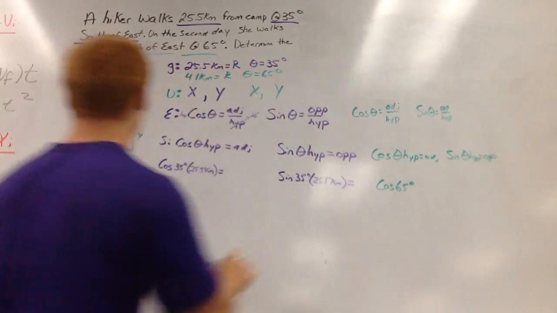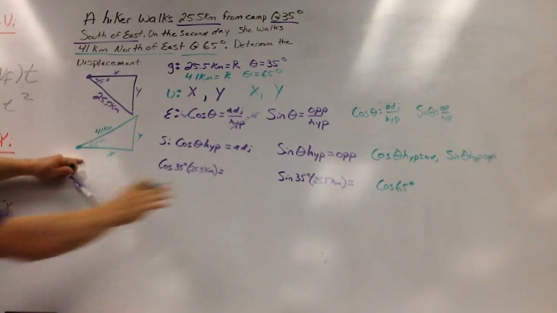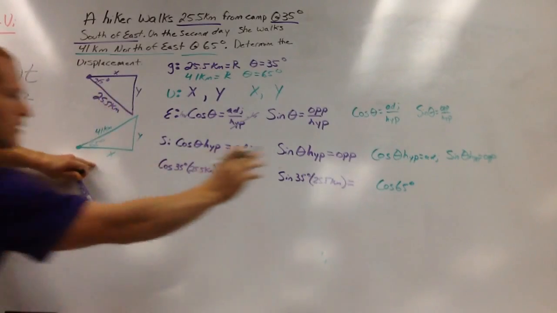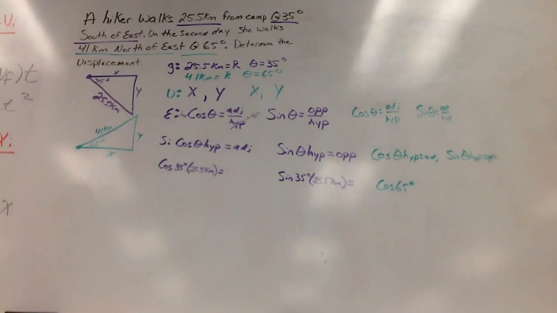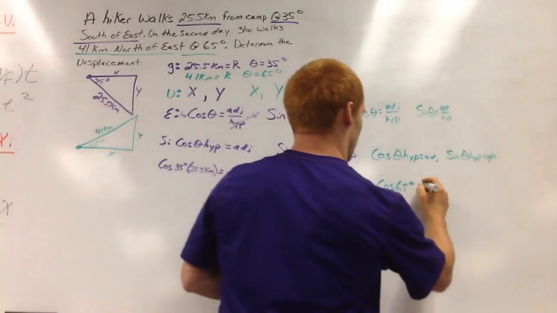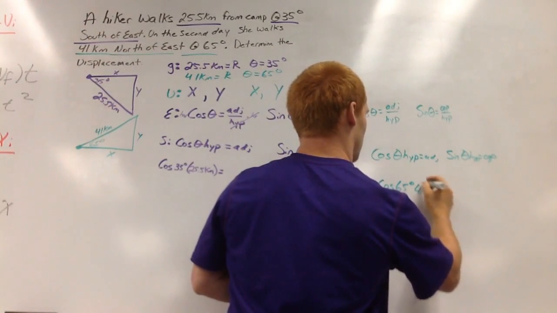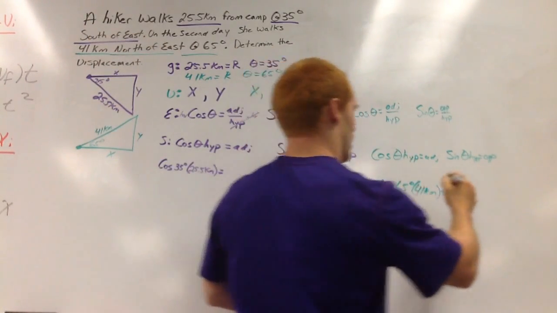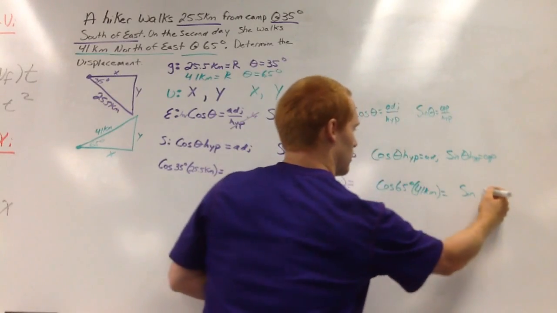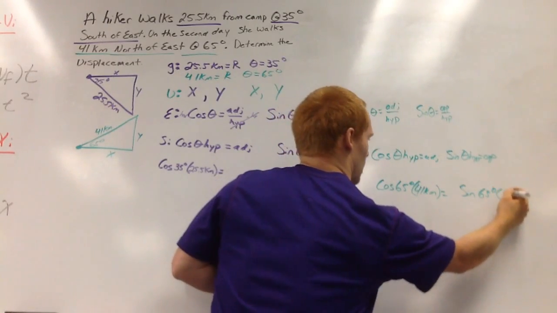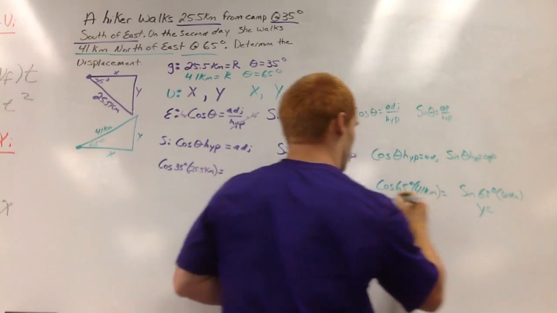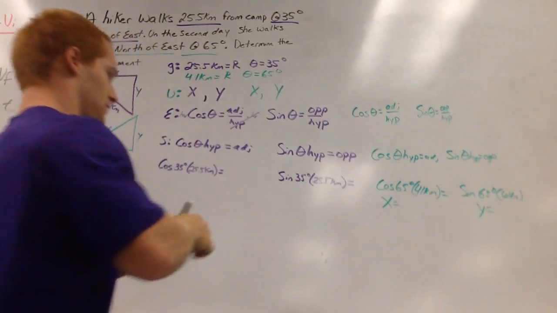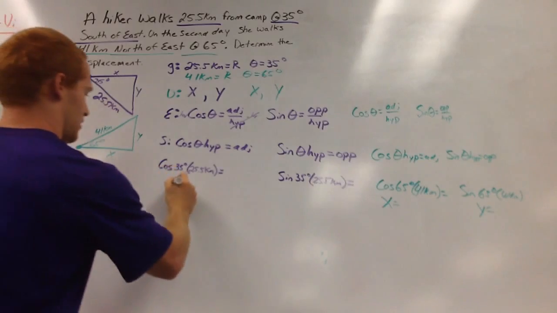So now we're using triangle 2. We got these values for triangle 1, these values for triangle 2, also, it says it up here in our givens. So cosine 65 degrees times 41 kilometers is going to give us our x value. Sine 65 degrees times 41 kilometers is going to give us a y value.